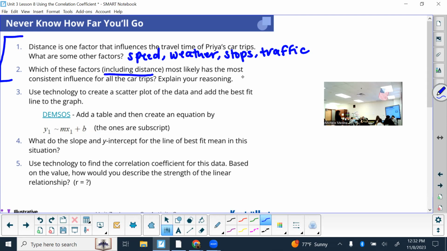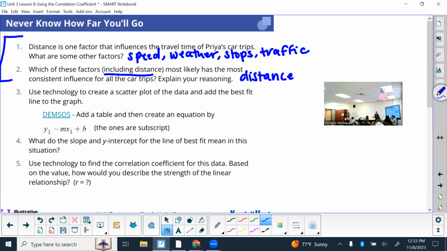Distance does have the most consistent influence, because even with traffic, maybe you hit all the green lights, it'll be a different amount of time on the way to school than on the way to fries. Maybe that has the most consistent influence, even though there's other things that can come into play.